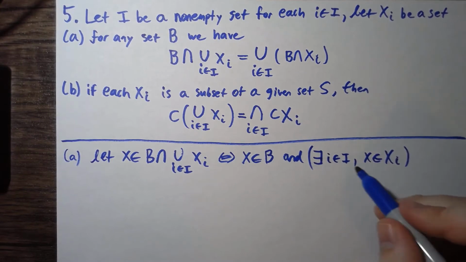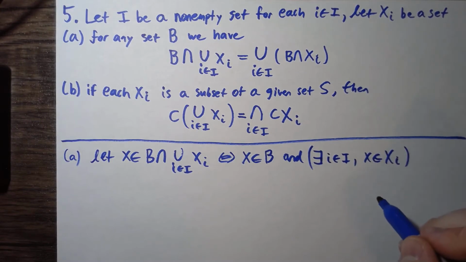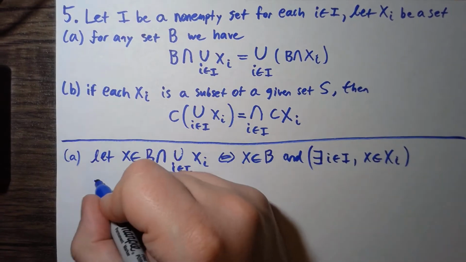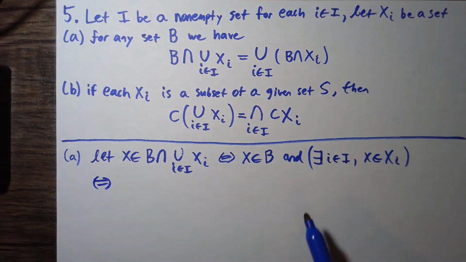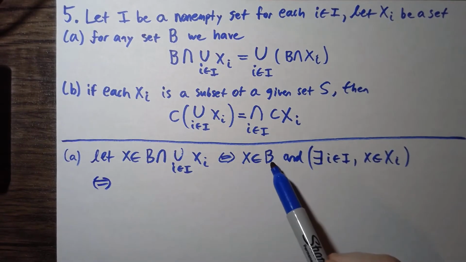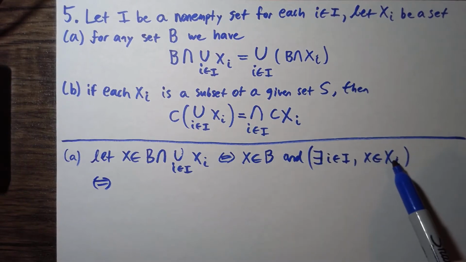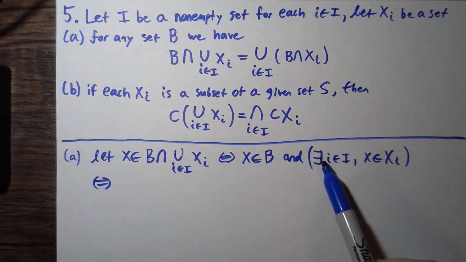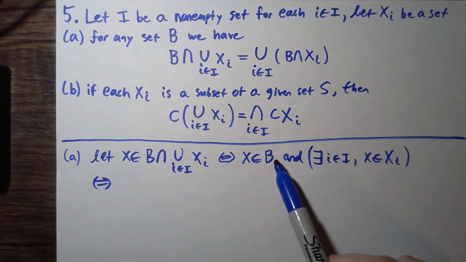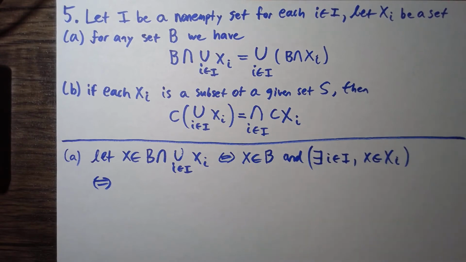So there's some i in I where x is in x sub i. Well, let's just unravel definitions further. So if x is in B and there's some i in I where x is in x sub i, well then for that particular i, we have that x is in B intersect that x sub i.